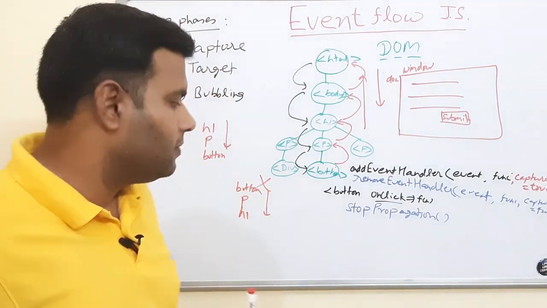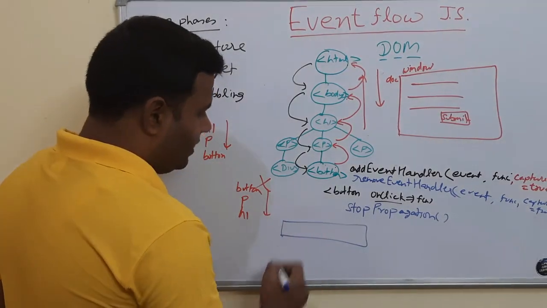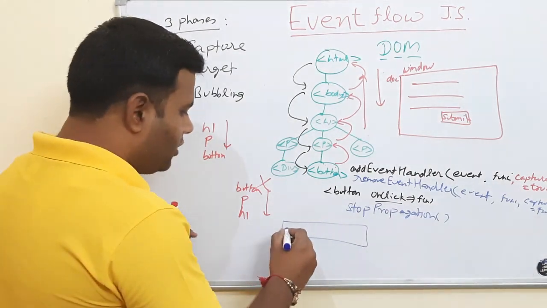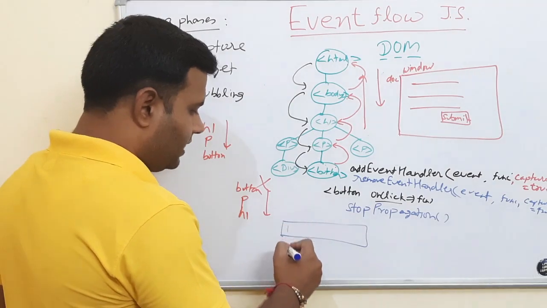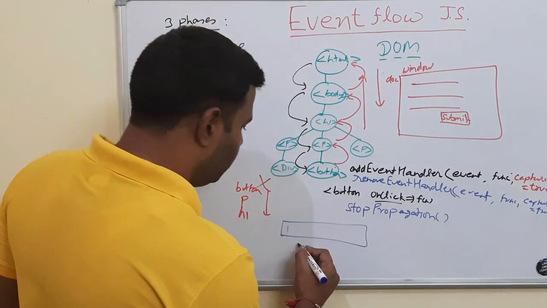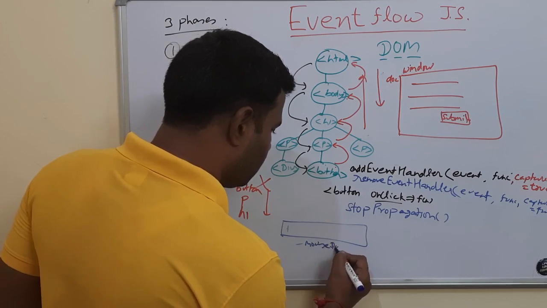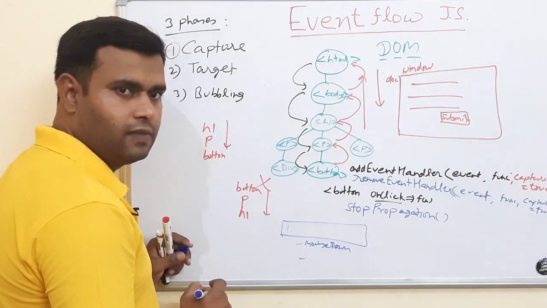Take an example. There is an input field you have created, right? You can type anything in this. Let's say this is an element. When you click on this, two events happen. One is mouse down, and the second event is on focus, right?